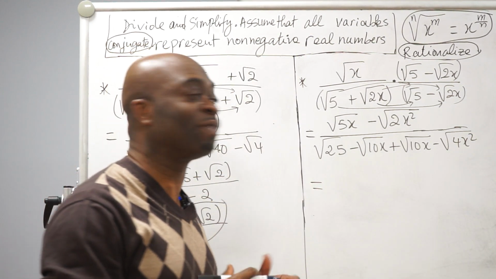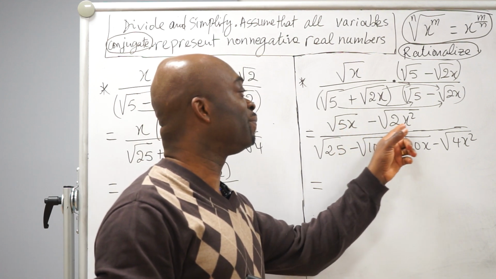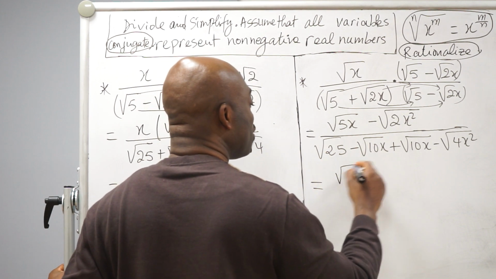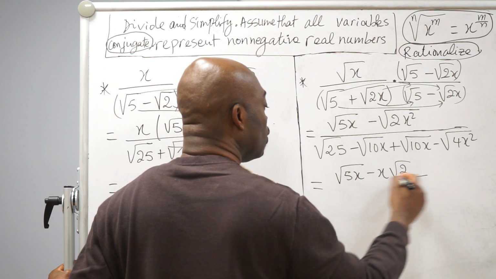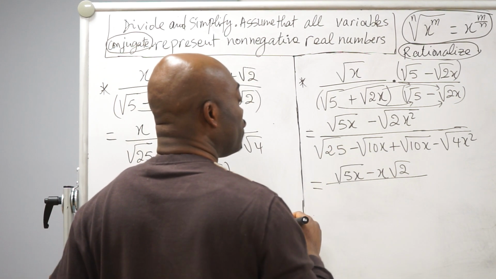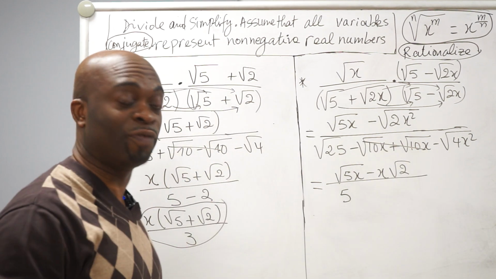Anything that we can't simplify, that means what? Here we cannot simplify anything, but this one here, x squared, can come out. So that will give us square root of 5x minus x square root of 2 over, all right, square root of 25 is 5. And these two also we cross out like how we did before.